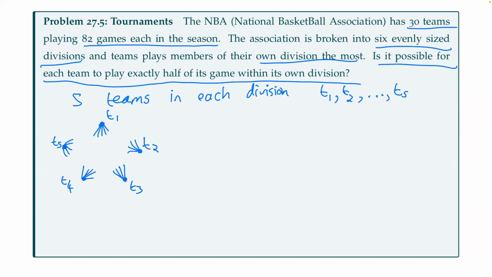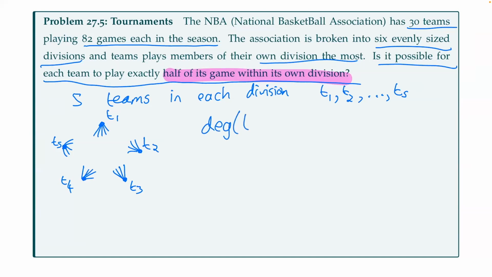They're going to be playing each other over and over again. There are only 5 teams here, and we want half of their games to be within the division, so we're going to have lots of parallel edges here. I'm not going to draw this because it's 82 games, half of them for each team. Every vertex is going to have degree 41. I'm not going to draw 41 edges coming out of every one of these.